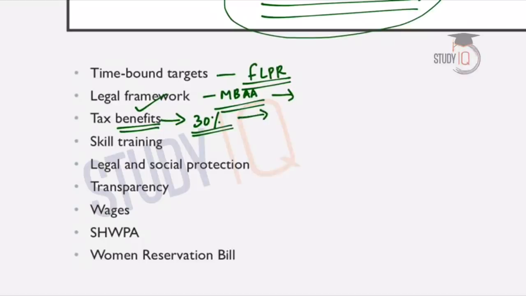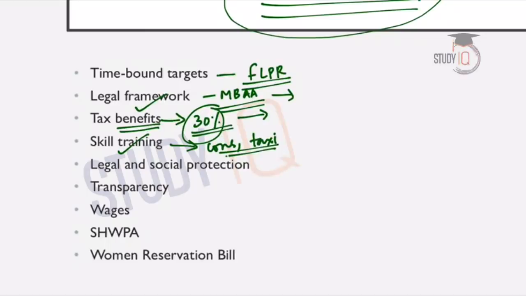And this was suggested by NITI Aayog in its document New India at 75. So such tax incentives or tax benefits can also be considered. Government can also initiate various skill training programs which focus on training women in non-traditional areas, that is construction, taxi driving.